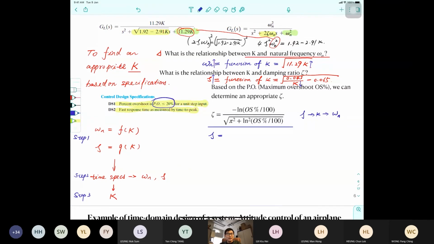I'll give you one minute to find the answer. What should zeta equal? 0.455.